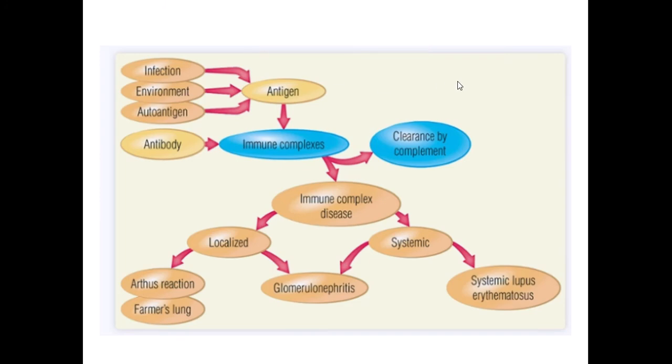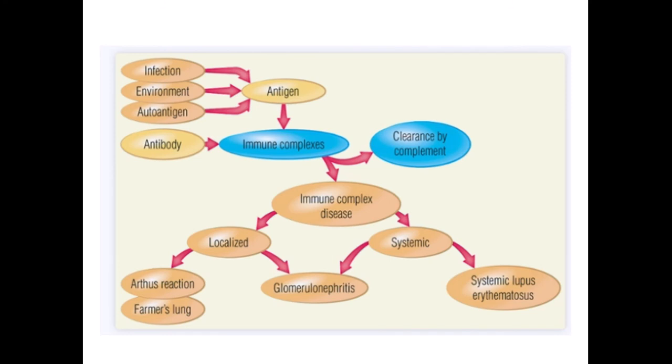So here in type 3 hypersensitivity reaction, we are talking about a soluble antigen and soluble antibody. They form immune complexes, and those antigens could come from an infection, and we will talk about those in just a second, or they could come from the environment, like some mold spores, for example, and we inhale them, or an auto antigen, for example, like in SLE, systemic lupus erythematosus, where the antigen is simply DNA and the antibody is anti-DNA antibodies.